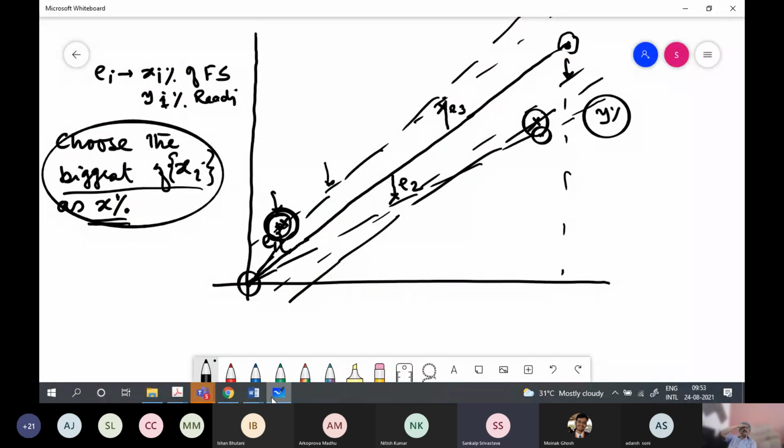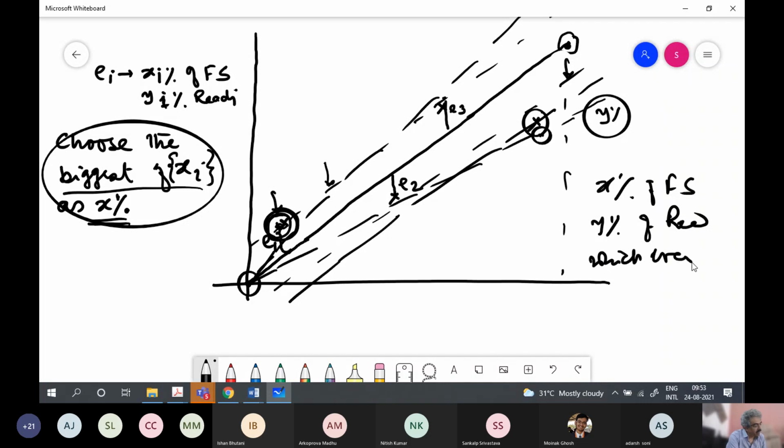Sir, but the minimization will depend on how we are minimizing it, right? The objective is simple. Objective is to come up with a specification X% of FS, Y% of reading, whichever is larger. This is my specification.